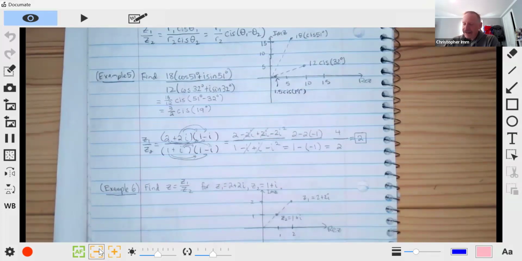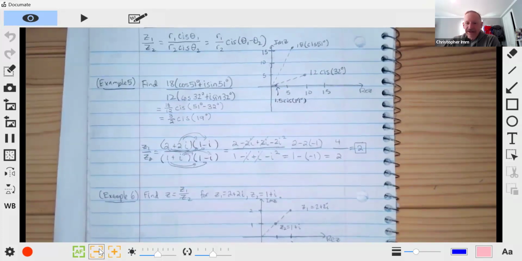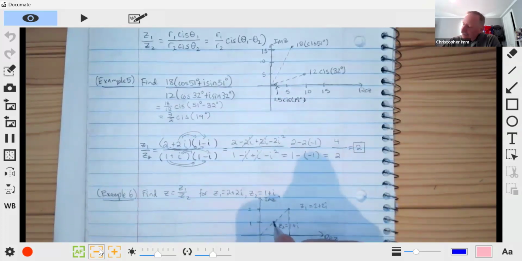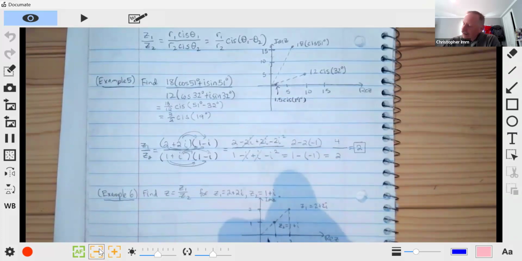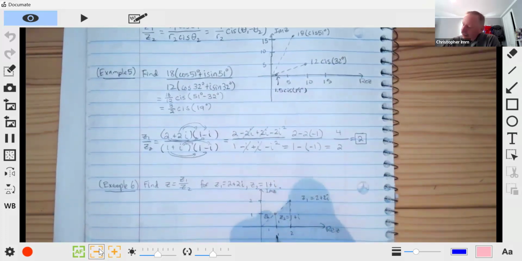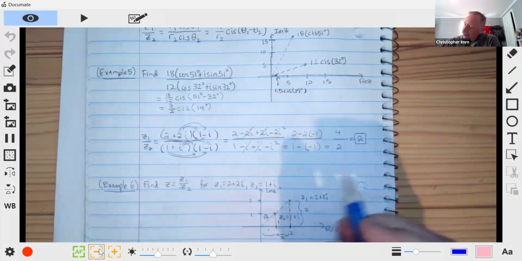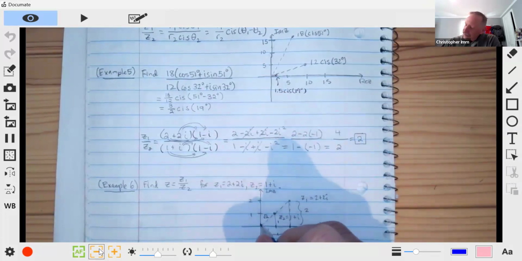Okay, so now let's go ahead and use our trig form to do this. So converting those into trig form, you might see that both of these are going to be 45-degree angle triangles. So I have 1, 1, root 2, and I have 2, 2, 2 root 2.